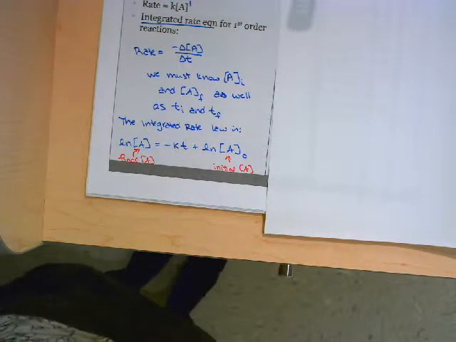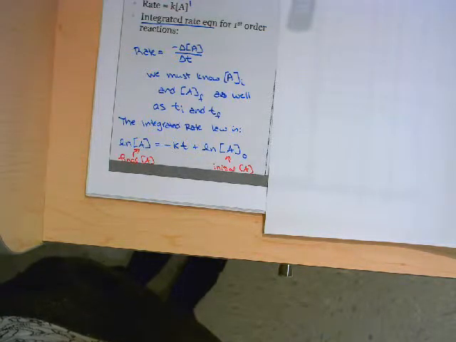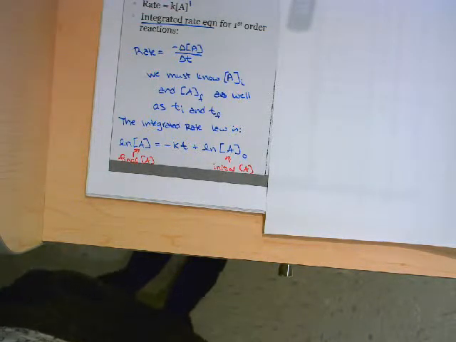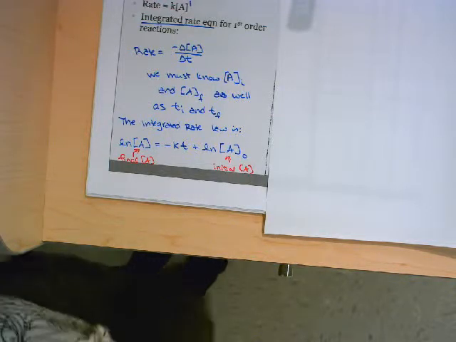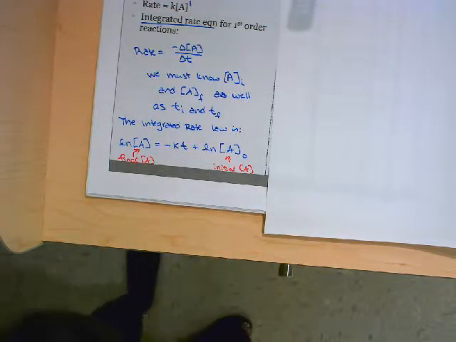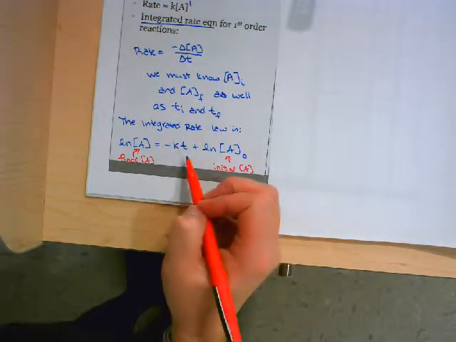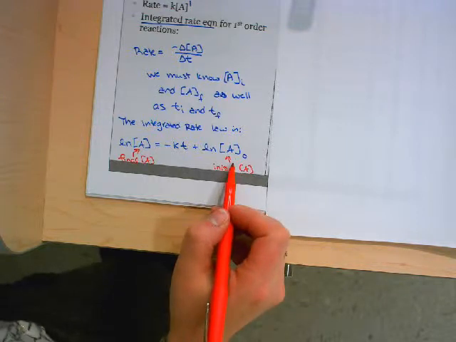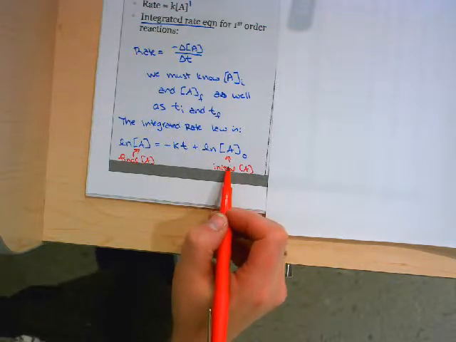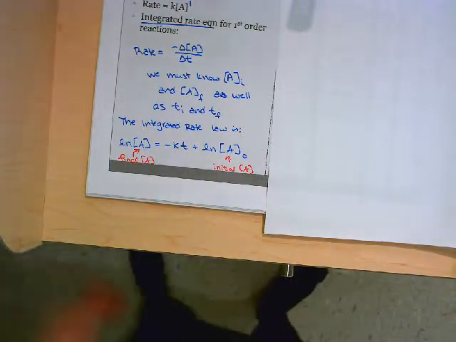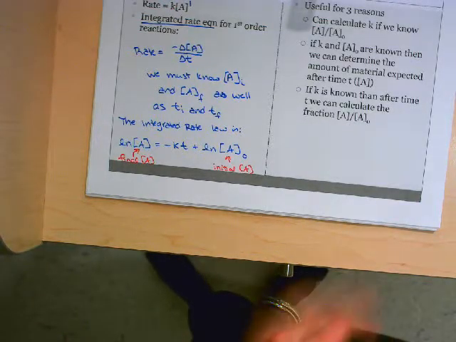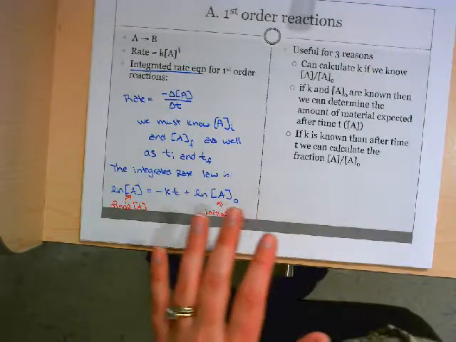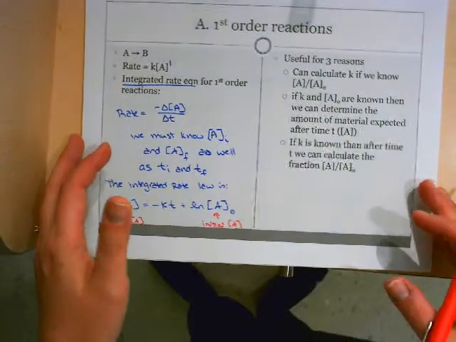It's because I'm assuming that you started the reaction at 0 time. I didn't do something crazy like wait 10 seconds or a minute and then start the reaction, but have the clock going, unless you have a bad lab partner, which does happen. Be coordinated, like start the clock when they dump it in. So time is just complete time elapsed, and this is the initial concentration of A. So it's useful for, I'm going to say just three reasons, but way more than three.